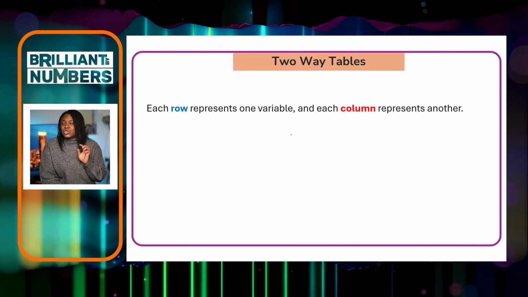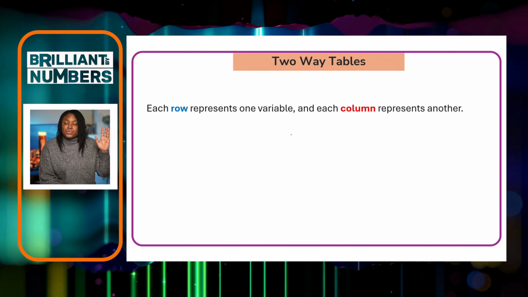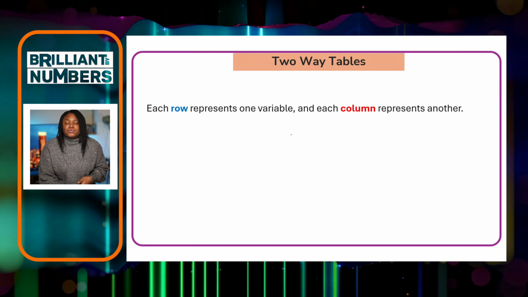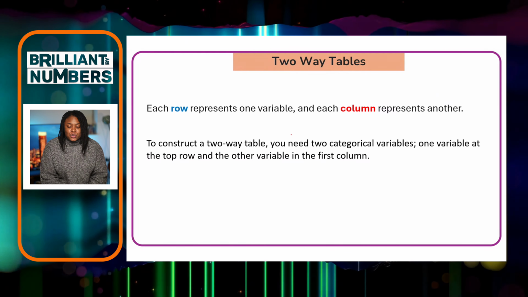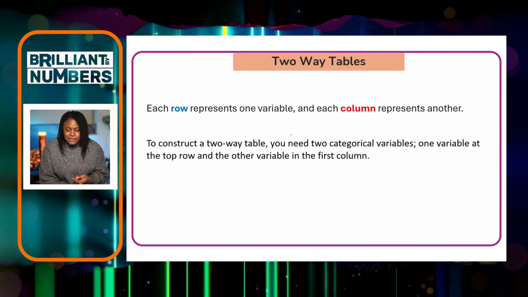So the first thing that we're going to be doing is talking about how to represent. Each row represents one variable and each column represents the other variable. So we can see the rows represent the subjects and the columns represent the year group. To construct a two-way table, you need to have two categorical variables.